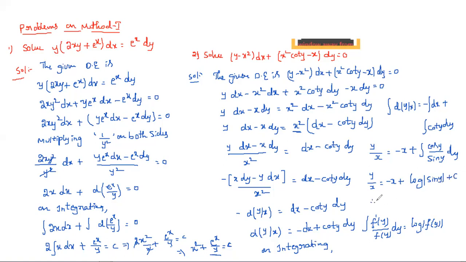Therefore, the general solution of the given differential equation is y/x + x = log |sin y| + c. So this is the general solution of the given differential equation (y − x²) dx + x²(cot y − x) dy = 0. Okay.